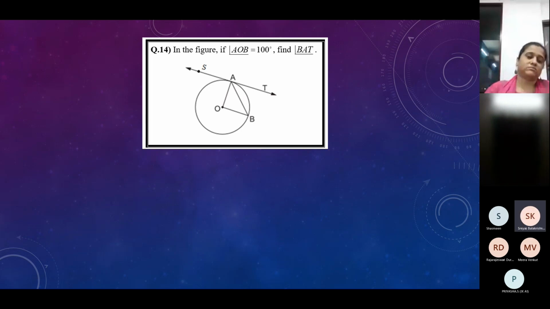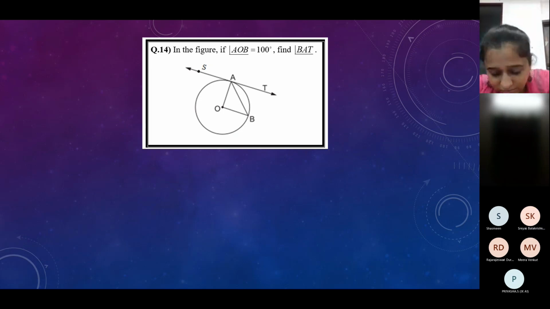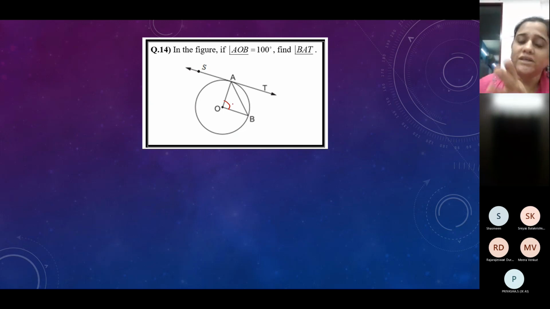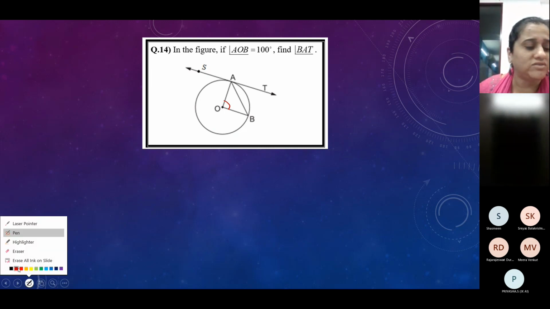Ma'am, I think that we can prove this sum with a single theorem. Using a single theorem, ma'am, that angle AOB is equal to twice of angle BAT. With this theorem, I think we can prove the sum. Because they lie on the same arc. Slowly, I need to comprehend what you're saying.